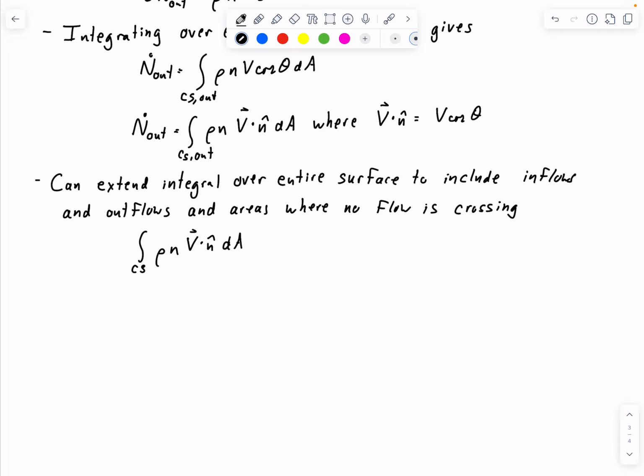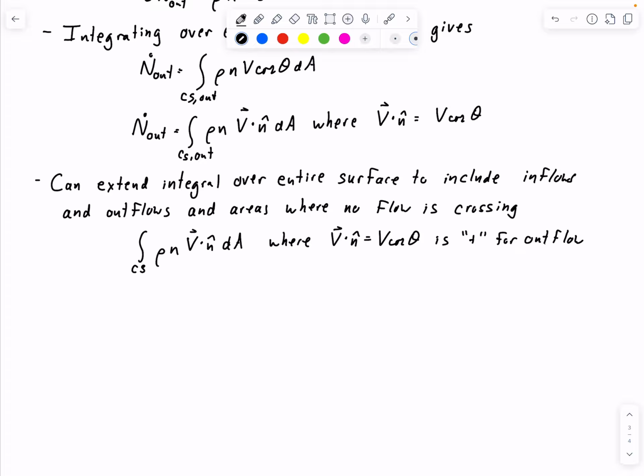But the nice thing about this, and the reason we can write this over the entire surface, is that this expression V dot n hat, which equals V cosine theta, again, that's the component of V lying along the unit vector. This term is going to be positive whenever you have an outflow.